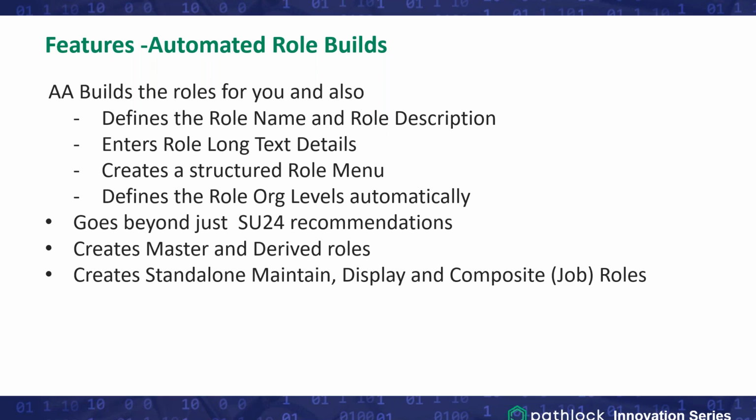And it goes beyond just SU24 recommendations on building the roles. It also looks at what the users currently have. And so as it's building the role, if SU24 says, you know, this user in accounts payable needs the S program object, but today they're getting by without that, but SU24 recommended it.